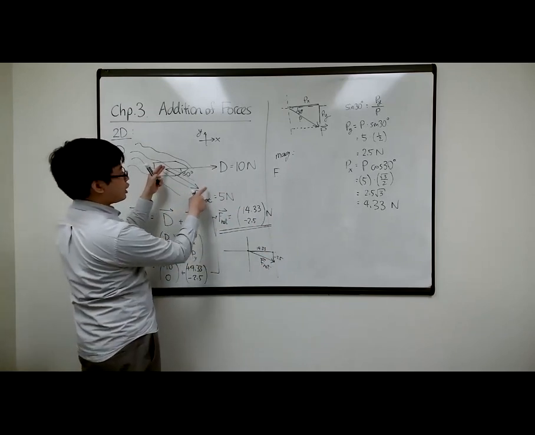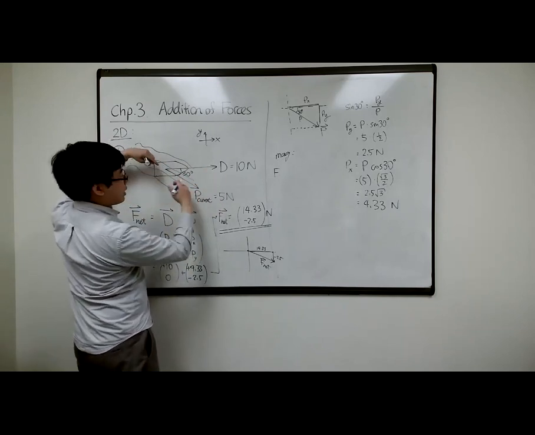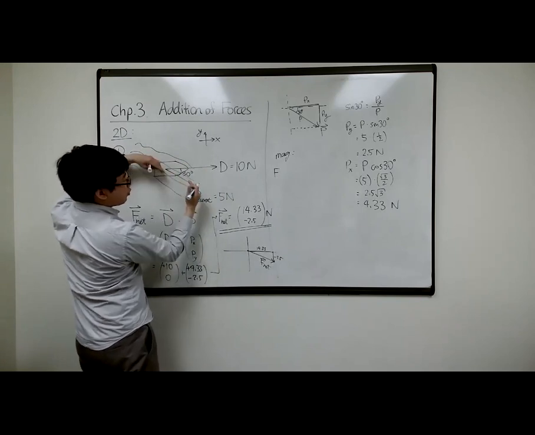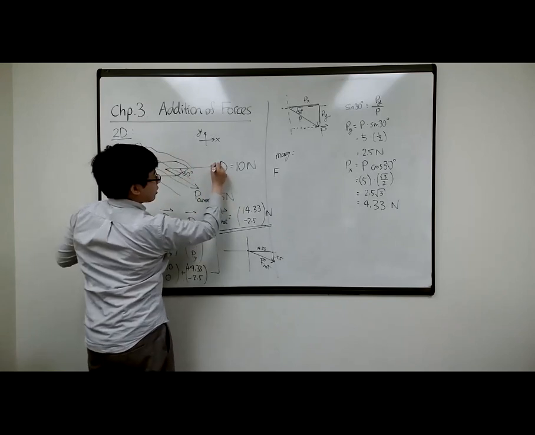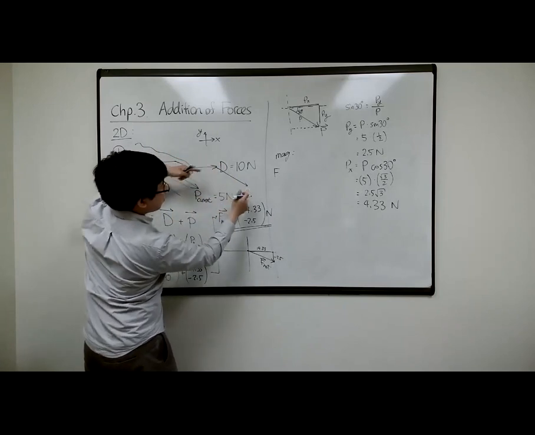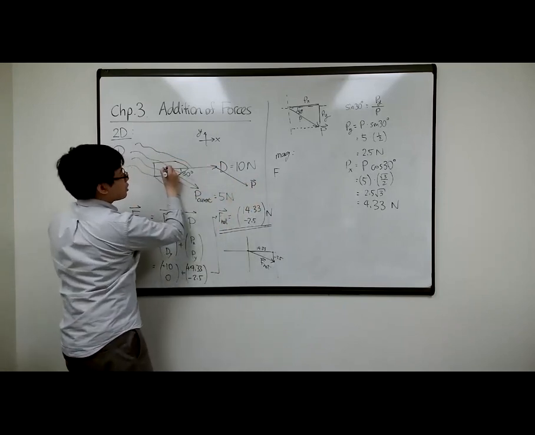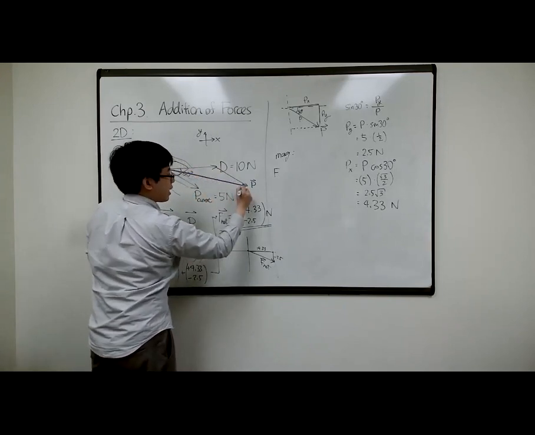You can try to put this together geometrically as well. I need to do a tip to tail, or head to tail, method to create a triangle. So I'll move this P vector parallelly all the way over here. So this is now my P, and then the resultant vector is going to be this.